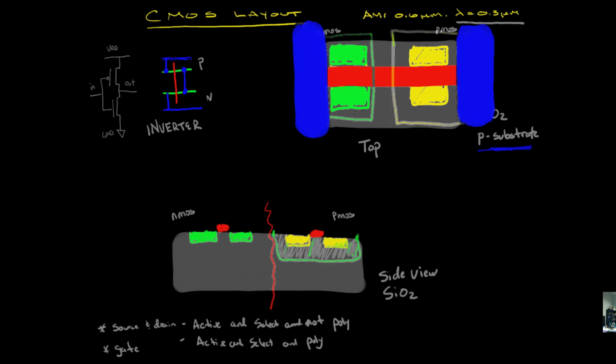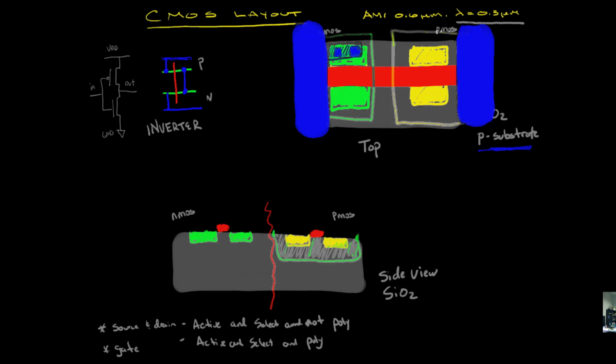Let me draw these things in. To go from the active layer to the metal 1 layer, and then we're going to have to kind of connect those vias to the same layer so that there's going to be electrical connections from one to the other.